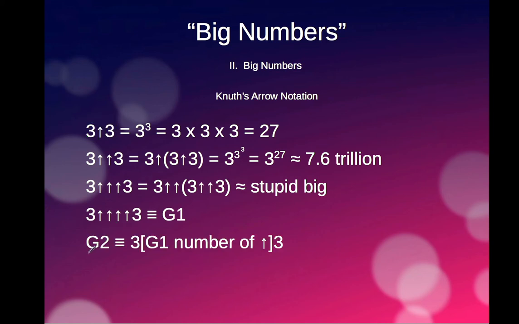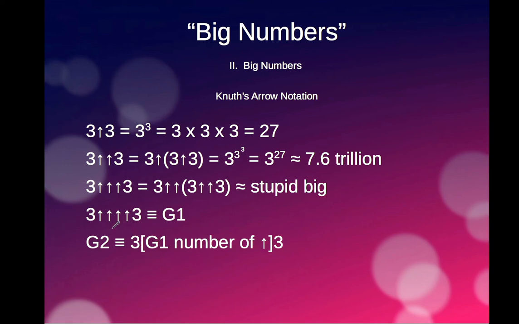G2 is defined, so maybe you all have already seen this, but as a quick reminder, when we have an equal sign with 3 lines, that means defined as. I've heard some people say identical to, which might make more sense as well. But anyway, an equal sign with 3 lines means this is defined to be G1. So G2 is defined to be 3, G1 number of arrows, 3.